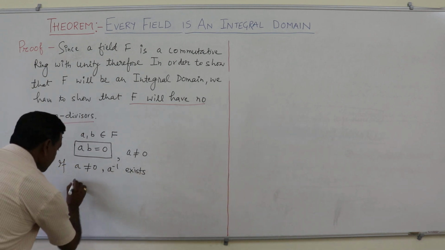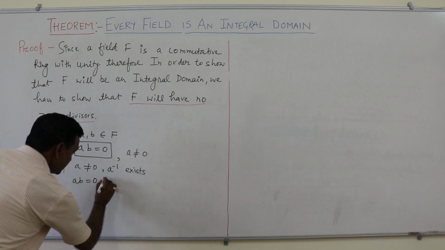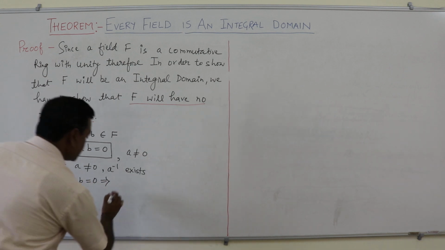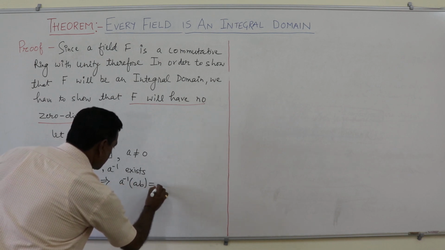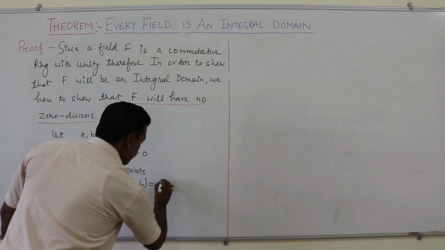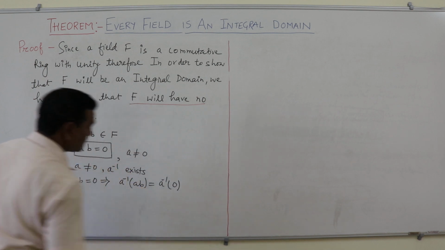Now since AB equals 0, this implies A inverse AB equals A inverse 0.